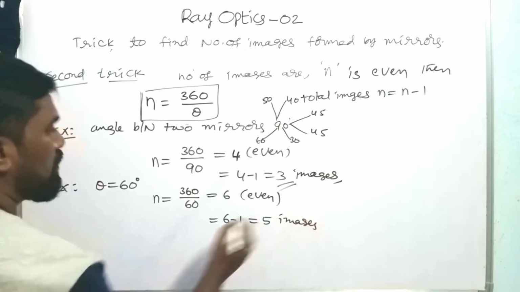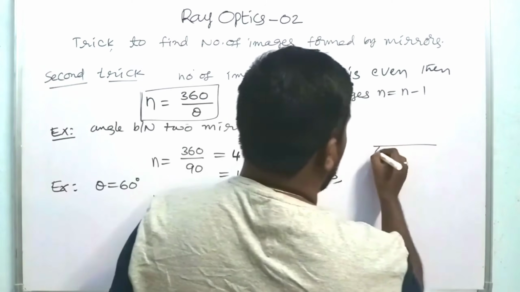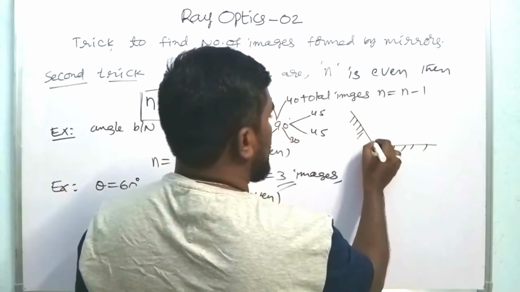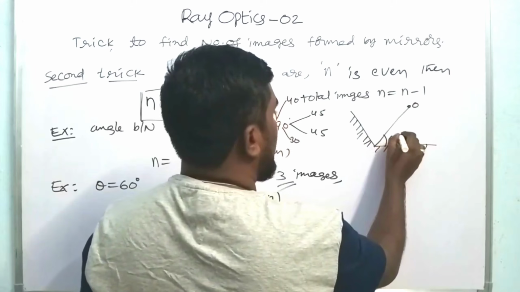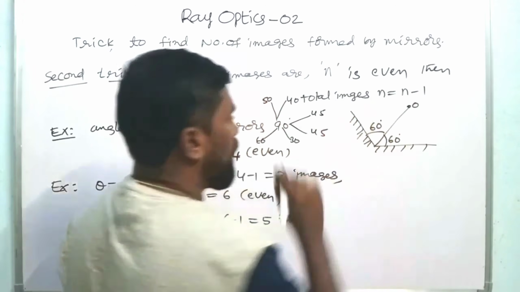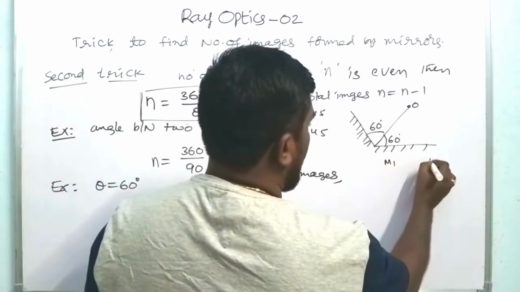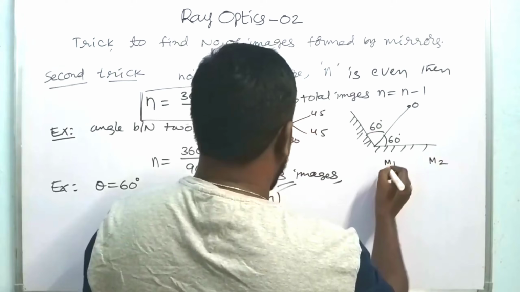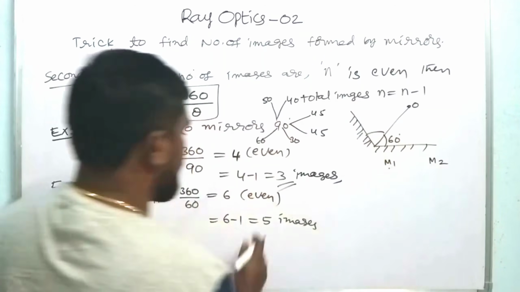Already we have seen that this is the mirror and this is the other mirror. This is an object O which is at 60 degrees. Right? By the crisscross method, M1, M2, this is 60 degrees, which means here it is 30 and 30.